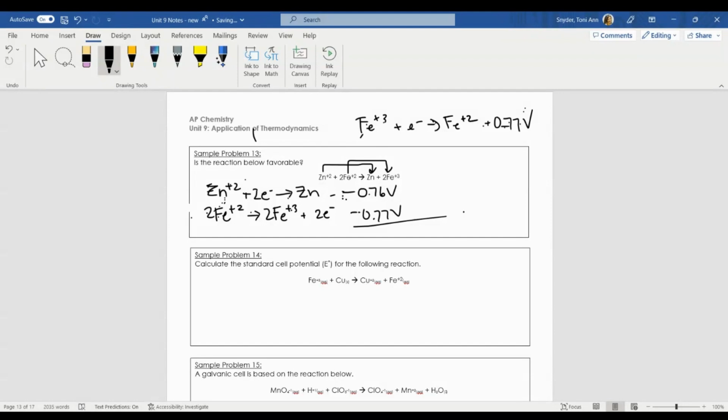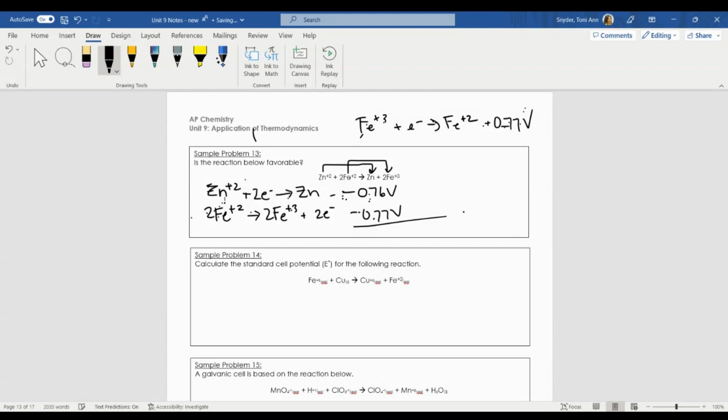What is going to change if there are more moles present is that this will produce electricity for a longer period of time. The amount of voltage is not increased or decreased. So you do not have, and I repeat, you do not have to multiply any voltage by any value like you did with enthalpies and entropies and all of that.